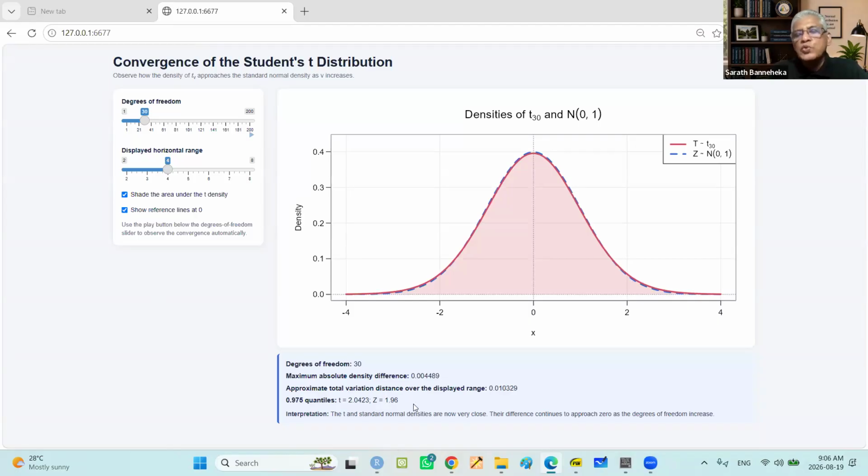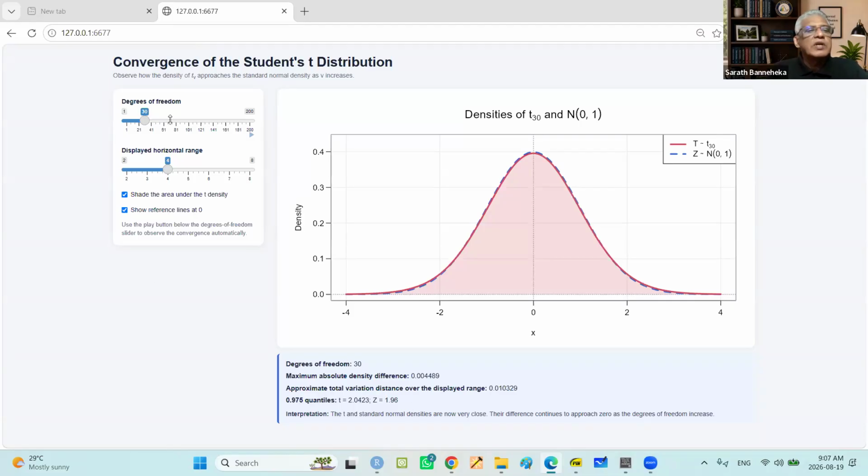At this point, usually people take 1.96 to be close enough to 2, and therefore, when the degrees of freedom is 30 or more, usually people take the corresponding T distribution as approximately a standard normal distribution.